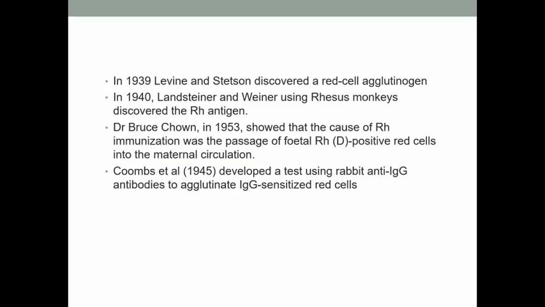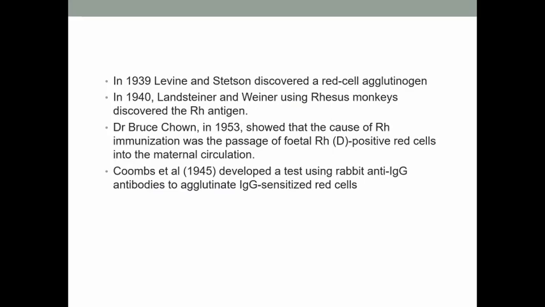So this red cell agglutination phenomenon was found in 1939, and in 1940, the very famous hematologist Weiner, along with Landsteiner, discovered the Rh antigen, right? So they discovered Rh antigens. We found that antigen from that monkey.